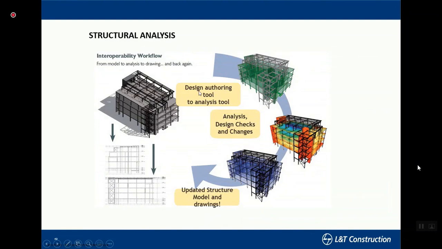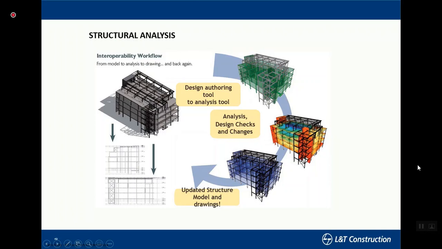It was then moved into the analysis tools such as STAAD or RISA or ETABS or whatever. There we put loads, we did the analysis, updated the model and brought it back to tools such as Revit or whatever design authoring tool it is. And from there we generated the drawings. So basically there is no duplication. That is the most important thing.